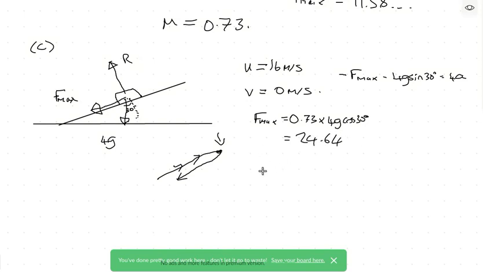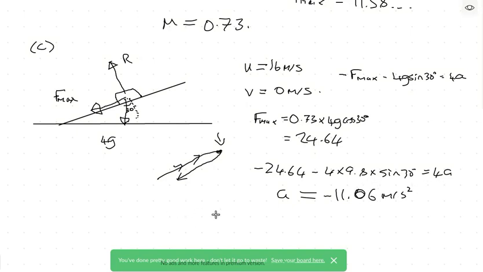And hence, minus 24.64 minus 4 times 9.8 times sine of 30 equals 4a. This should be negative because I'm expecting a negative acceleration. So minus answer minus 4 times, well, just 2 times 9.8 because sine 30 is a half. And then divide it by 4. Okay, I'm getting minus 11.06 here for the acceleration.